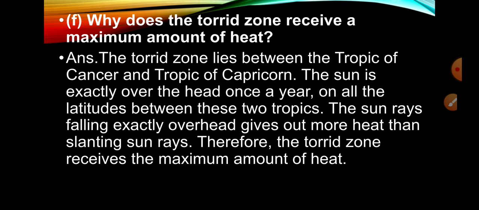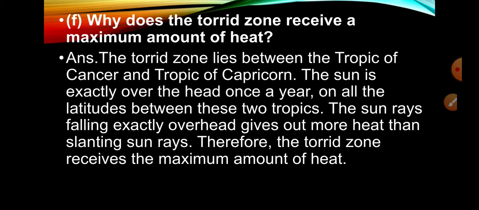Next question. Why does the torrid zone receive a maximum amount of heat? They are asking the reason. The reason is that it lies between the lines of Tropic of Cancer and Tropic of Capricorn, and the sun is exactly over the head once a year on all the latitudes between these two tropics.